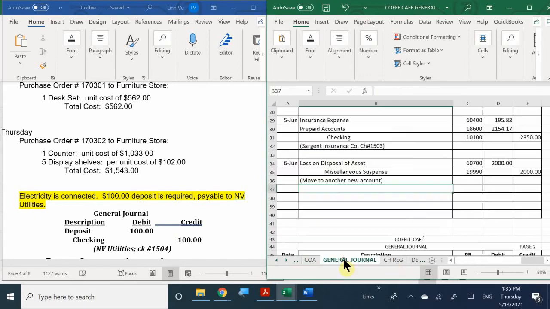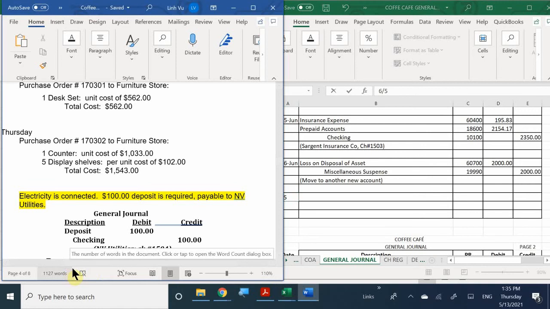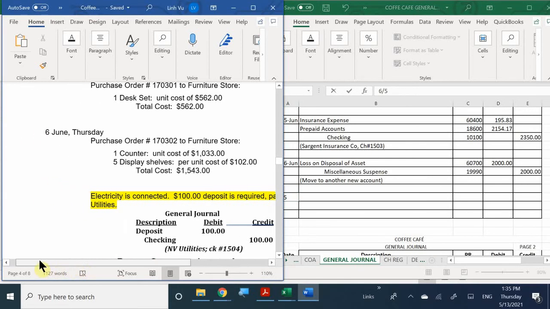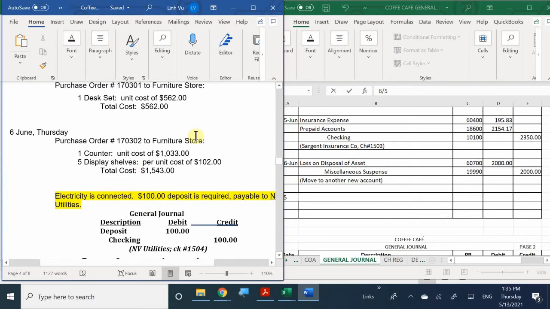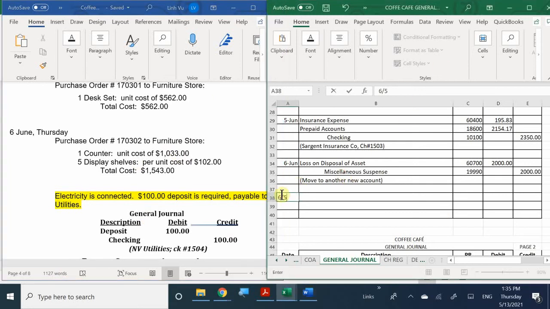So here in our journal, we have just exactly enough space to enter this transaction. Once again, the date is still the 5th, right? Is that Tuesday? I thought it was the 6th. It is Thursday, the 6th. Yep, so we're on June 6th.